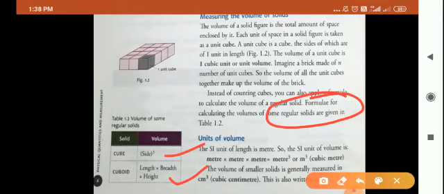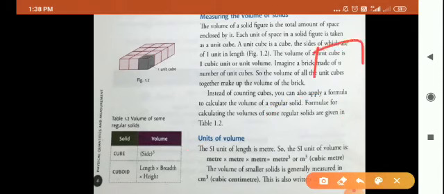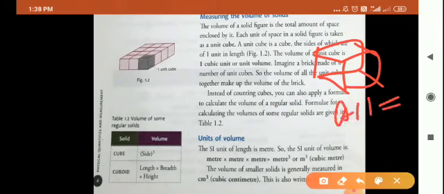So suppose you take a cube. You know the property of a cube, that in a cube all the sides are equal. Cube में all the sides equal होते हैं. Secondly, a cube is a 3D shape, a 3-dimensional shape.